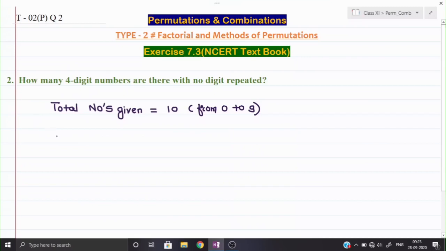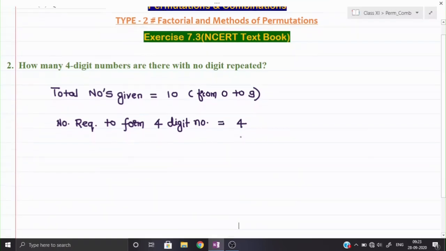So the numbers required to form a 4-digit number is equal to 4, because we have to form a 4-digit number, so we require 4 numbers at the same time.